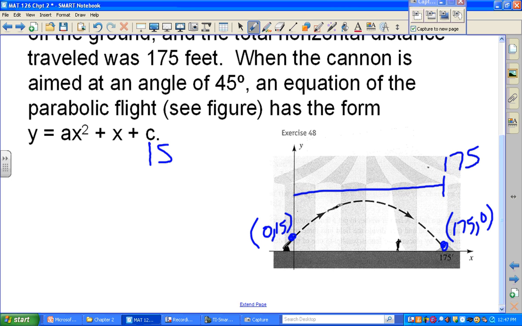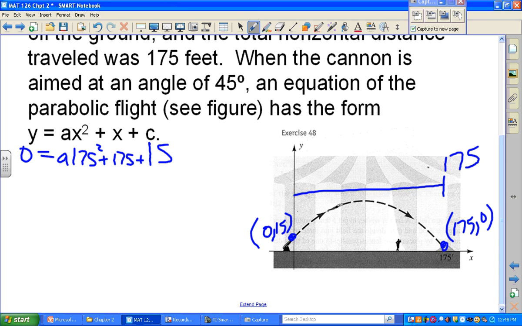The next one's just as quick. If I know x is 175, what's y have to be? 0. Can we solve for A? That's the only two things to solve for, A and C.